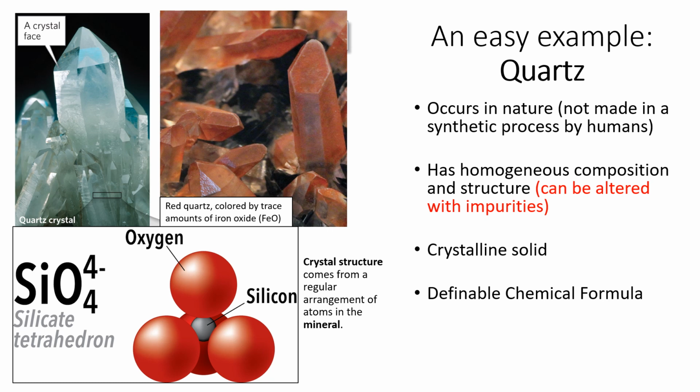It's important that we understand that crystal structure is defined by atomic structure. So the larger scale or macro scale mineral that we can see with our naked eye, its form or habit, is created by the atomic scale relationships.